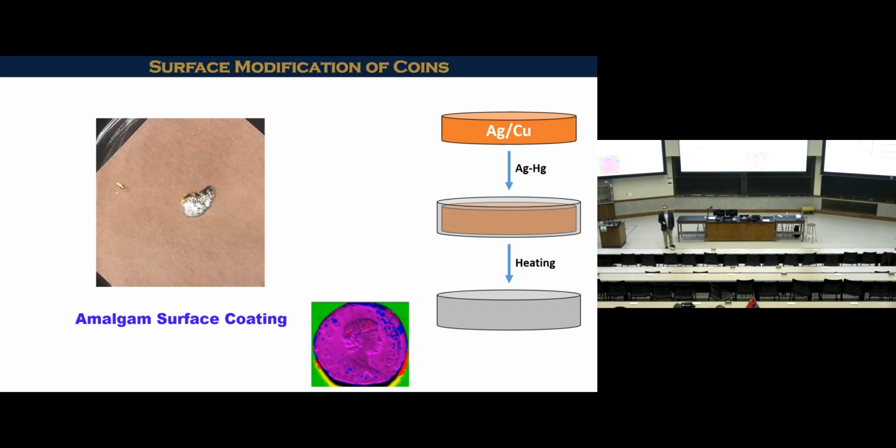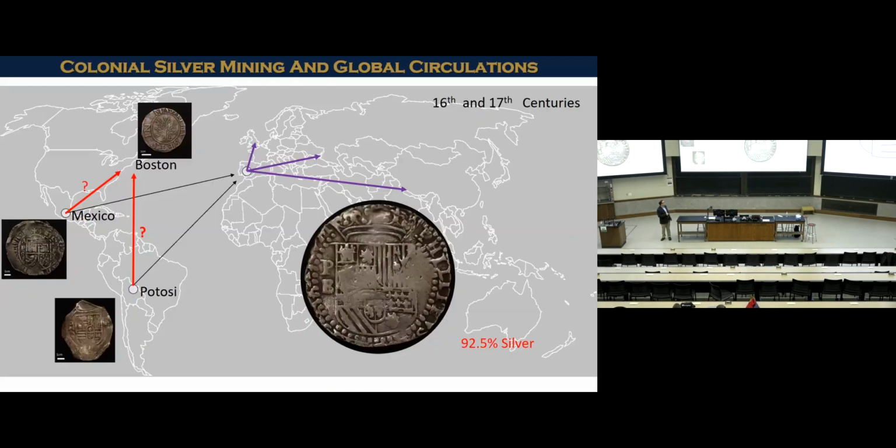Of course, this was a very nasty technique because mercury is poisonous. Eventually they created a very thin layer, about 2 micrometers, of pure silver on the surface. Of course, the layer was not high quality, and over time it wore out, and most of it is not there anymore. So this was one thing that we discovered.